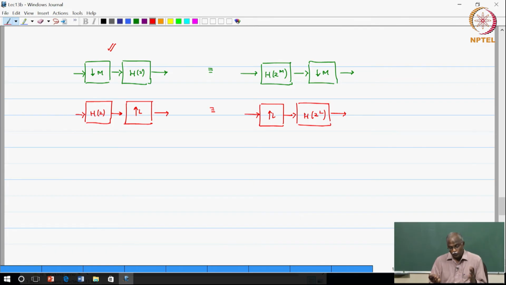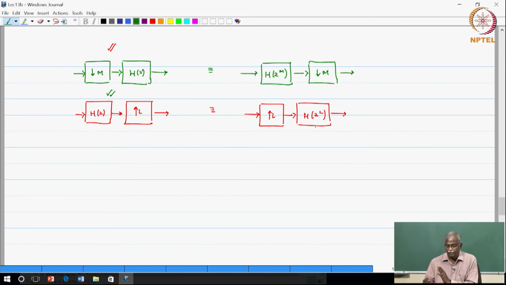Going back to our basic premise, upsampling introduces a lot of zero valued samples, so it is better to do the processing before you do the upsampling. So this would be the preferred structure. When we want to do interpolation, I have to follow it by the interpolation filter.